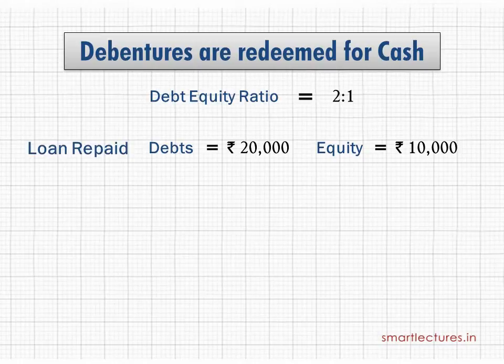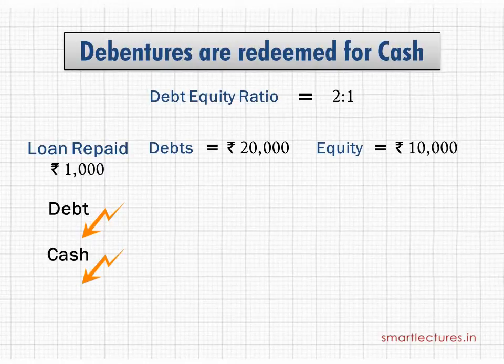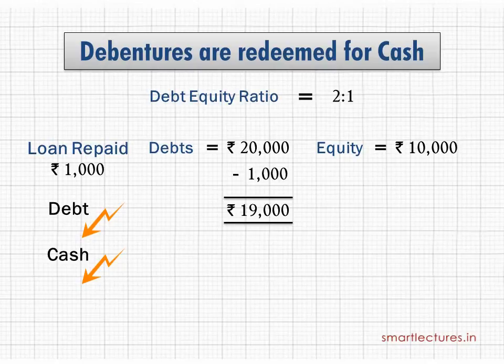So on one side the company will decrease long-term loans, which means long-term debts, and on the other side the company will decrease its cash. So previously debts were rupees 20,000. Suppose debentures of rupees 1,000 were redeemed, which means repaid. Now the new debts will be rupees 19,000, but it won't affect the equity.